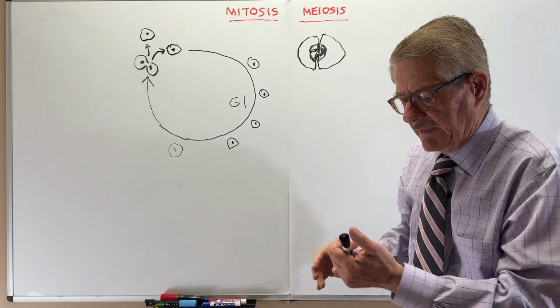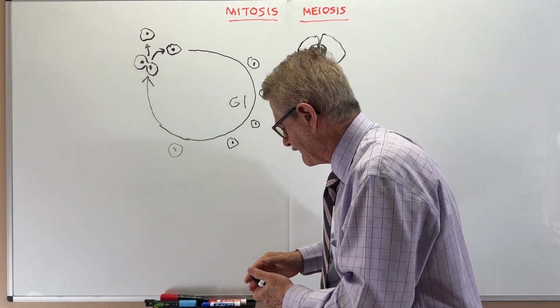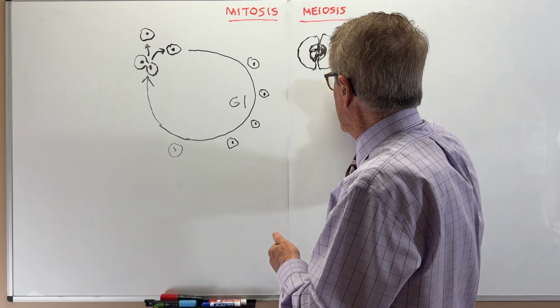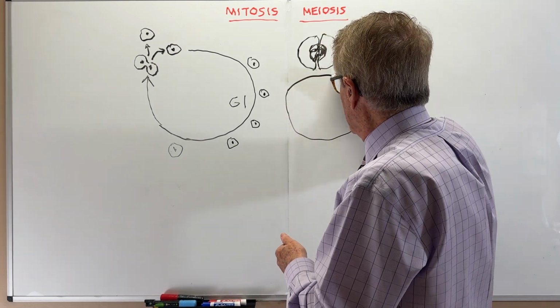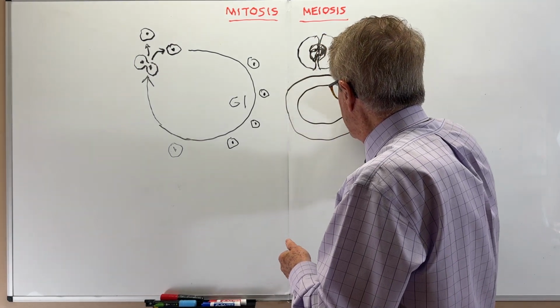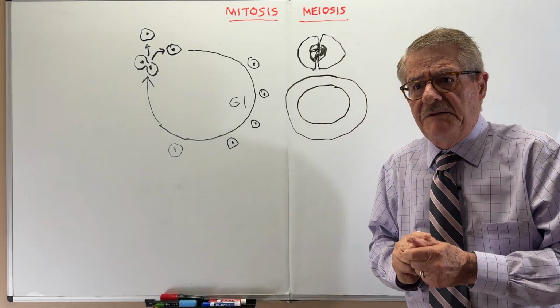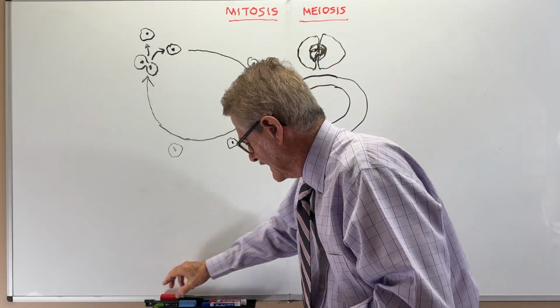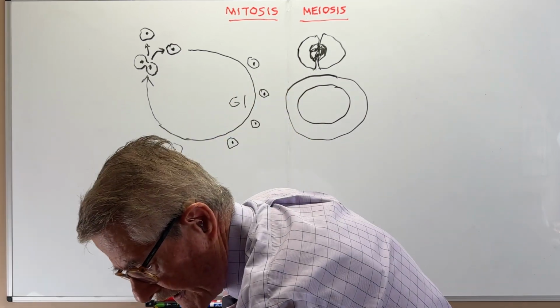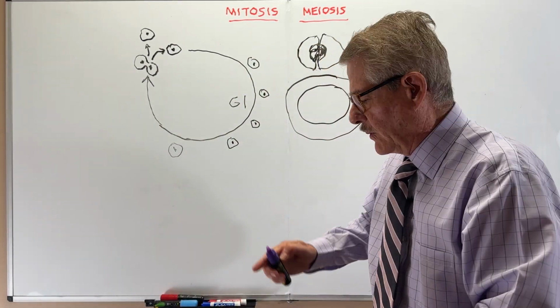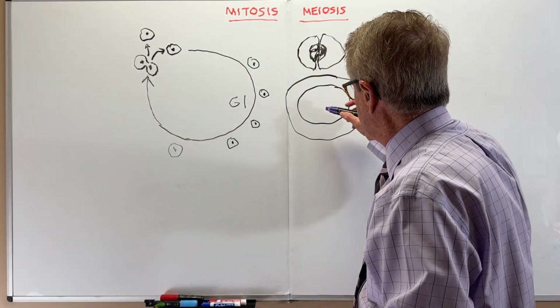But before that, let me just mention a little bit what a cell is really. If you remember, a cell that's not dividing will be looking pretty much like this.